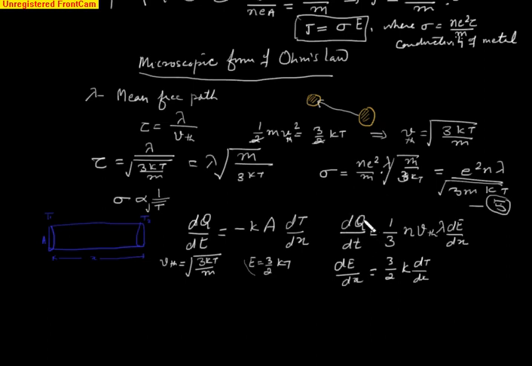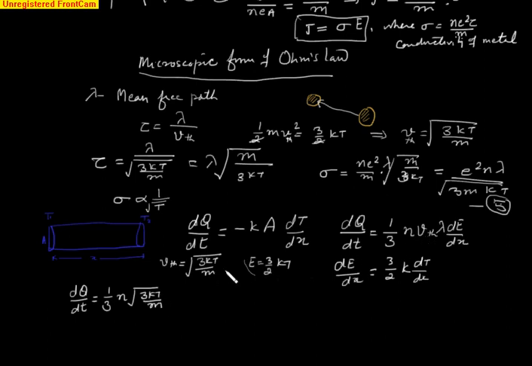Then this equation, that is the rate of transfer of heat, may be given by dQ over dt equal to 1 over 3 times the number of electrons per unit volume times the thermal velocity, square root of 3kT divided by m.